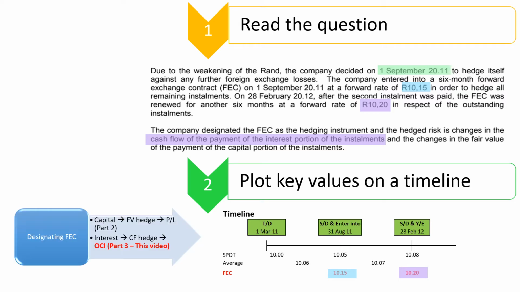From this we can clearly see that the capital portion is a fair value hedge that goes to profit and loss, and the interest portion is a cash flow hedge that goes to other comprehensive income, which is what we shall cover in this video.